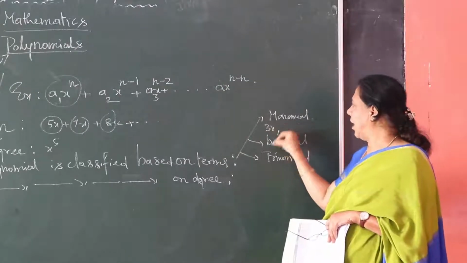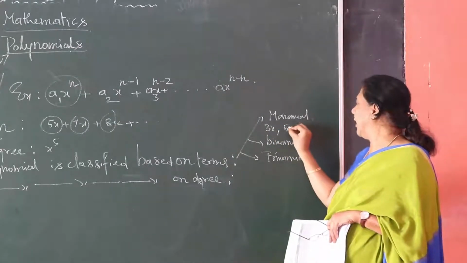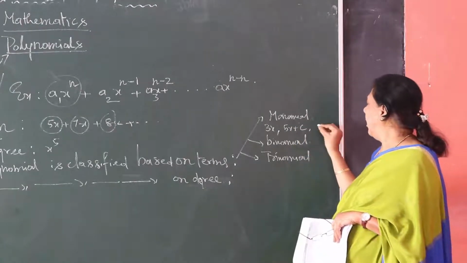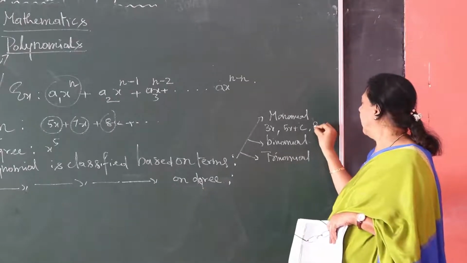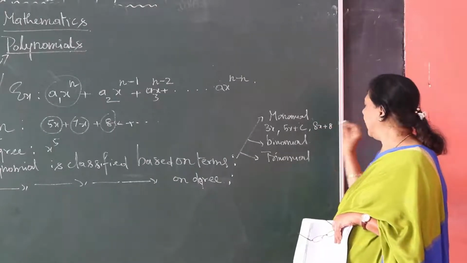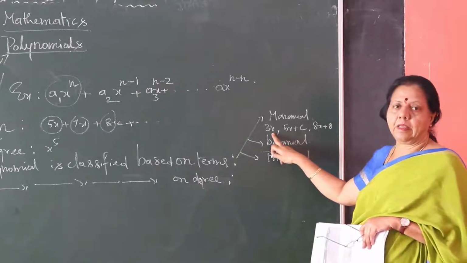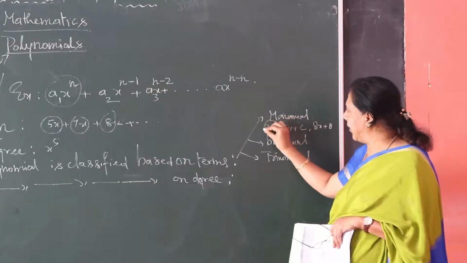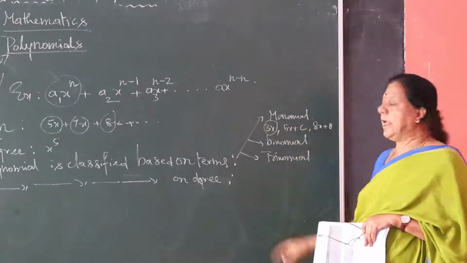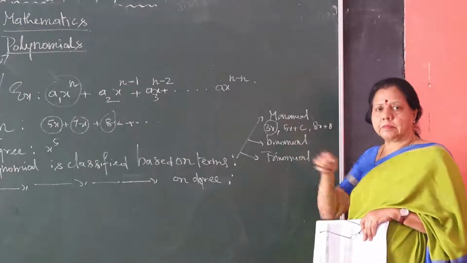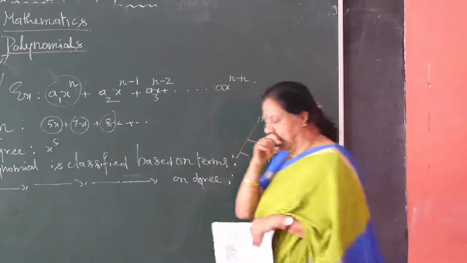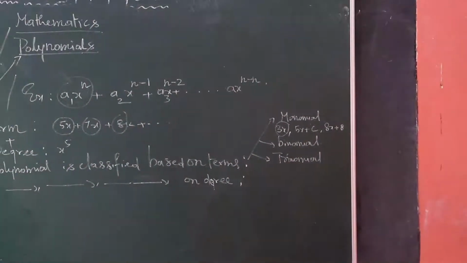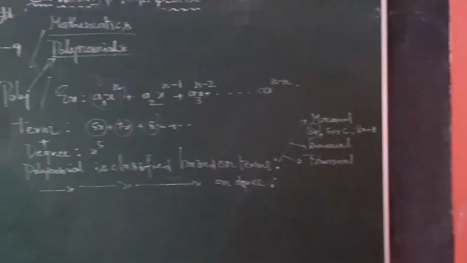Example, 3x, 5x, 8x. See here, only one variable is there. This x we call it as variable. Here only single is there. Single we call it as monomial. Single means only one term, children.